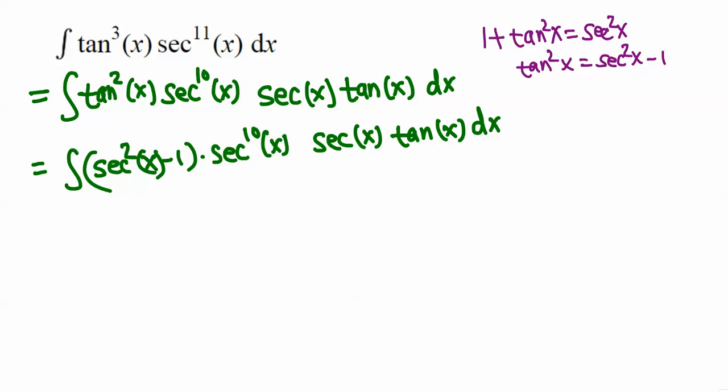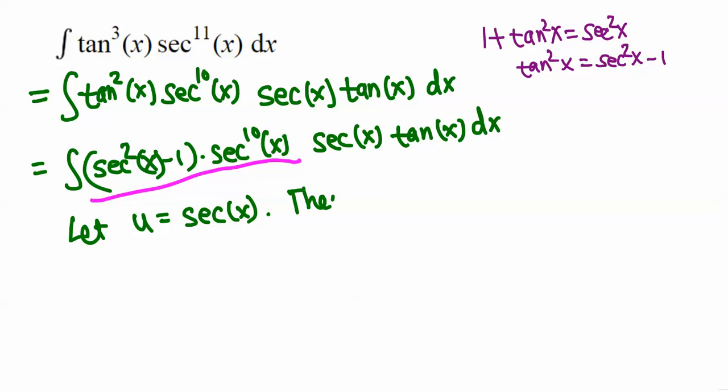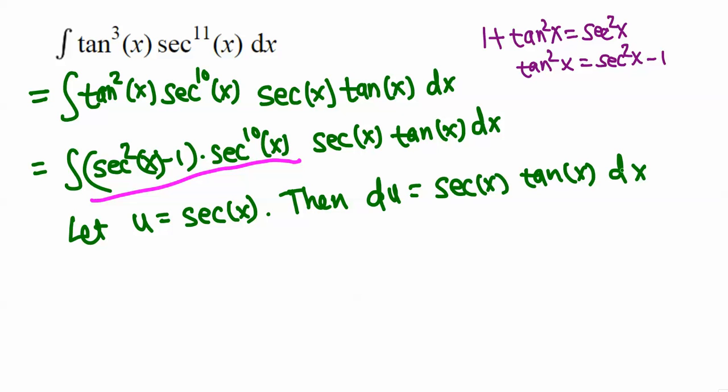This is a function of secant, and the derivative of secant is secant times tangent. That will be the derivative part, and we can use the power rule. So let u be secant, then let's find the derivative. du is the derivative of secant, secant tangent, with respect to x.